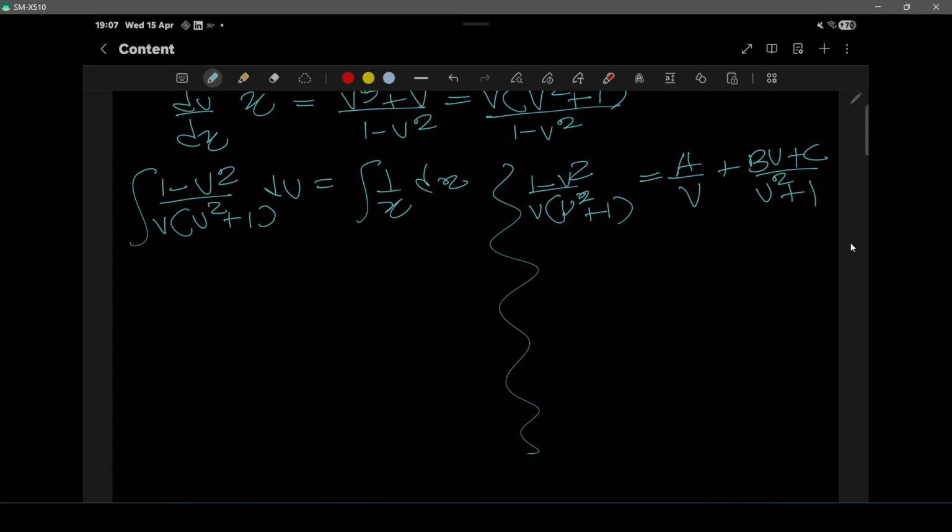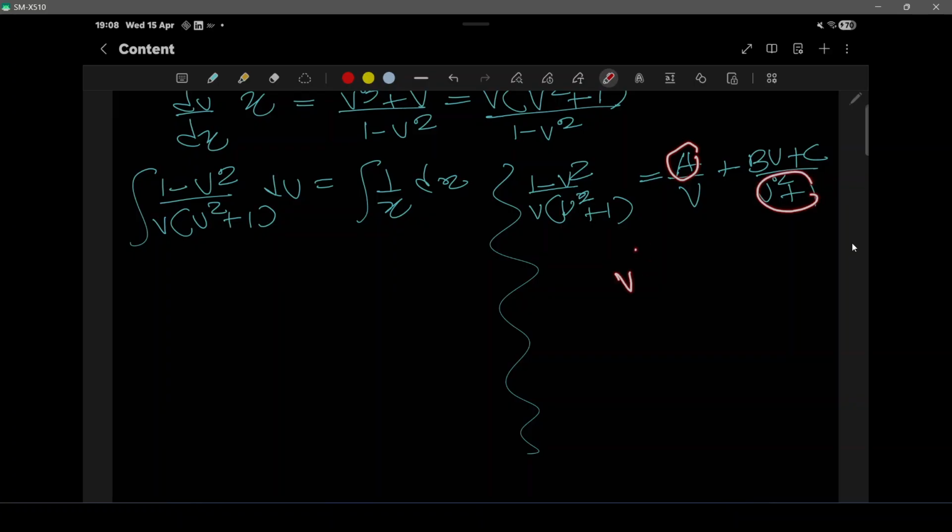When we are doing partial fractions, the main rule is, the power of the numerator should be 1 less than the power of the denominator. We know that in the denominator here we have v to the power 1. So if we subtract 1, it is v to the power 0. That means it is a constant.